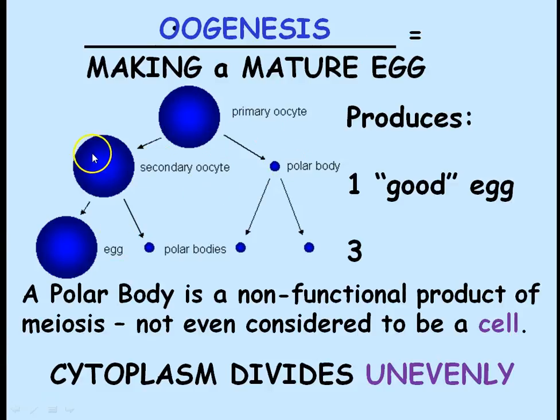So basically, all the cytoplasm, all the nutrients, all the cell parts are going to go to this one side, and only the DNA that was copied, remember, because we split the DNA, is going to go to this one little cell. Then the same thing will happen again in meiosis 2, or the second split.